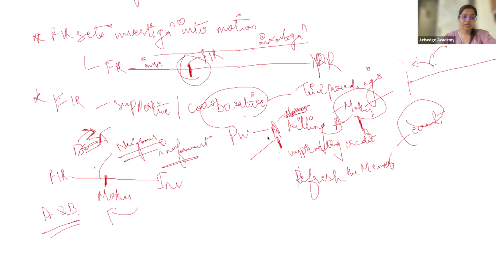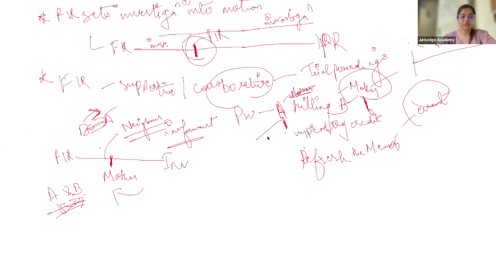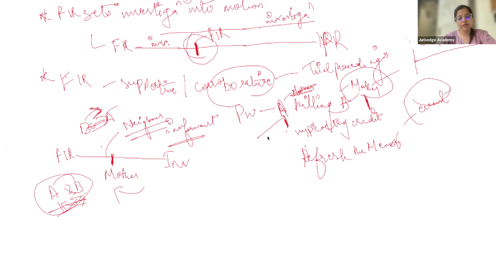I just saw that A killed B. Now I remember that I was hearing some voices also. New discovery of fact, new FIR. So this is all about in between. Even in between the investigation, the FIR can be filed.